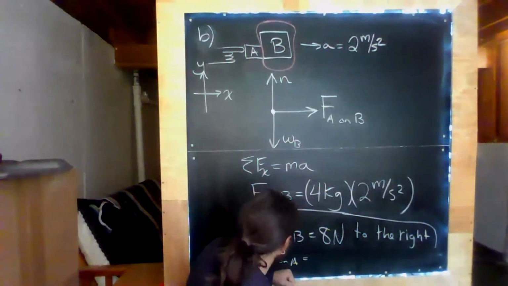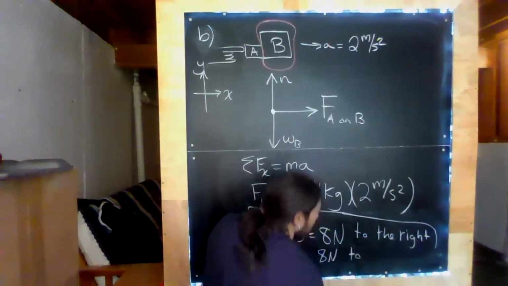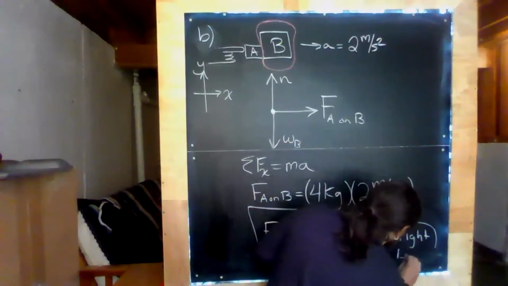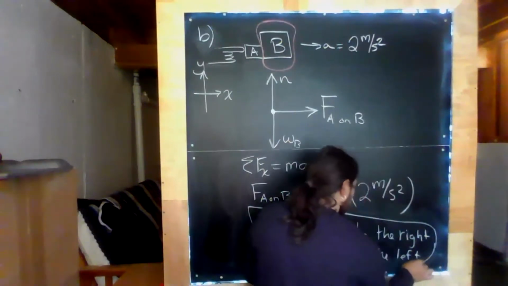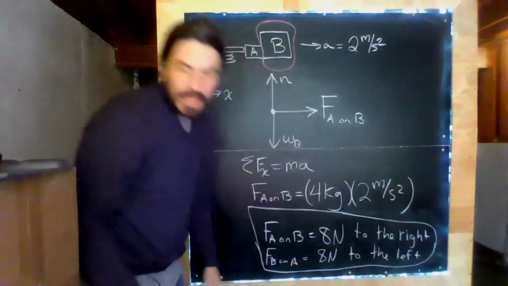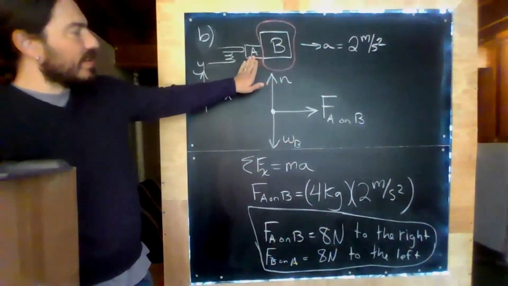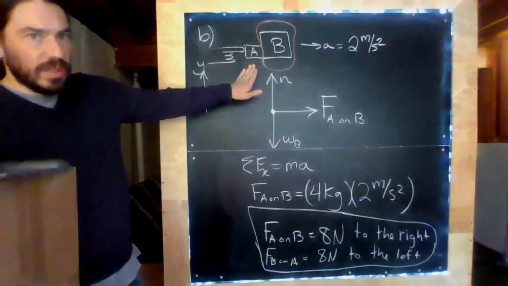So FB on A must be 8 newtons to the left. And again, we chose to use B as our object of interest here. We would have gotten the same answer had we chosen to use block A.